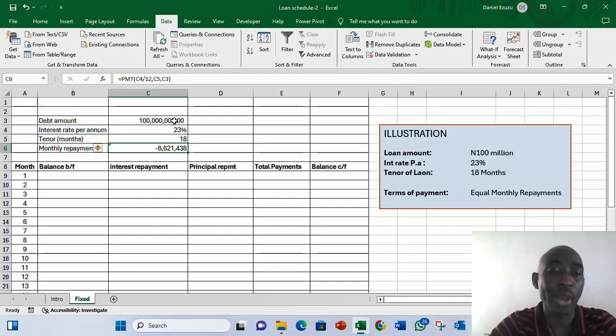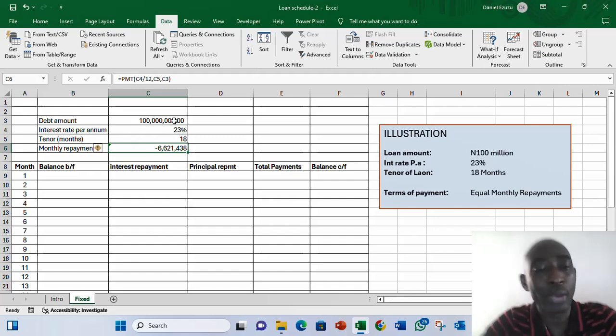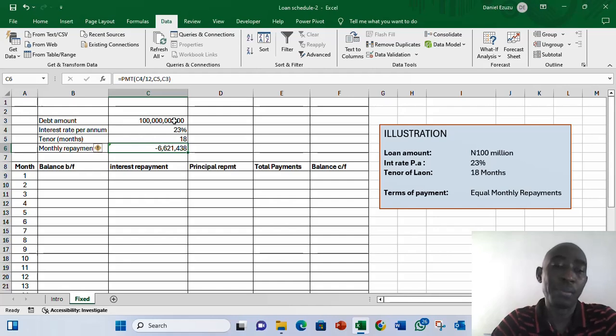Now, if you look at what we have now, we are having minus 6,621,000 and so on. Because the finance function PMT looks at the function as an expense, a cash outflow, it's coming with minus. But it would be wrong to tell a client that you will be paying minus 6 million. Rather, you say you're paying 6 million.